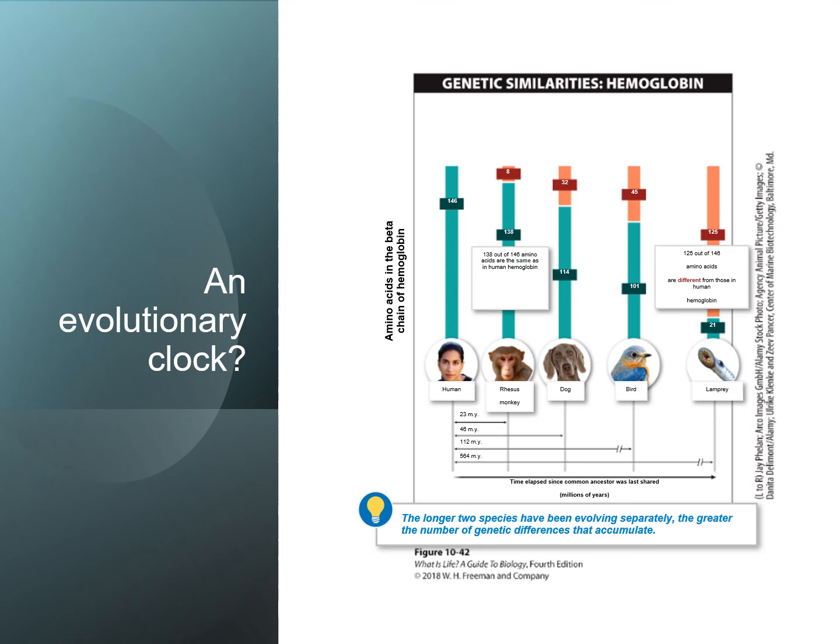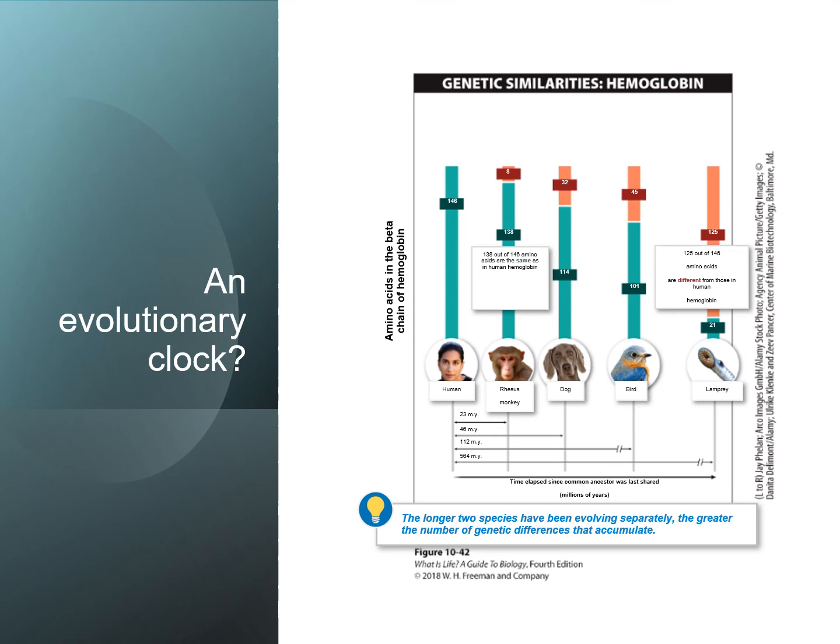A lot of years, so millions of years, 564 million years have elapsed since humans and lampreys shared the same ancestor, hypothetically. And between the two, there's little to no similarity in their amino acids within their beta chain, which make up hemoglobin.